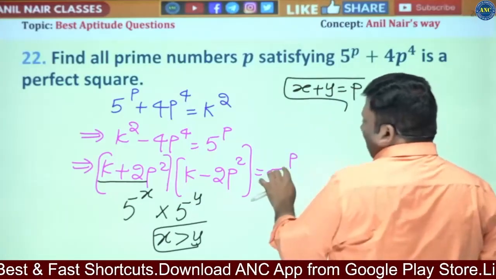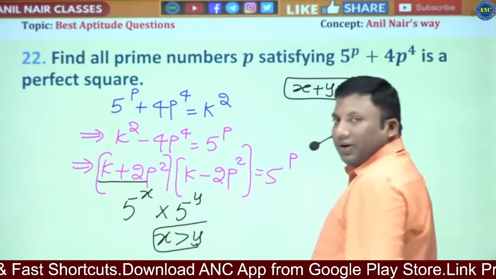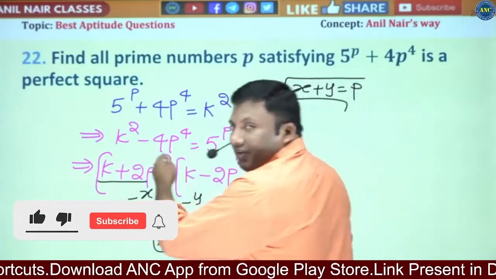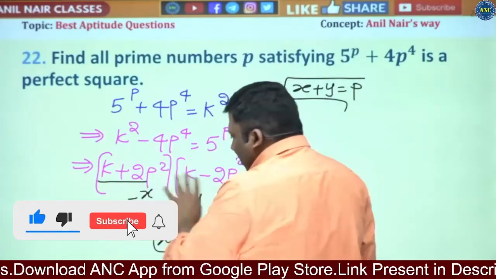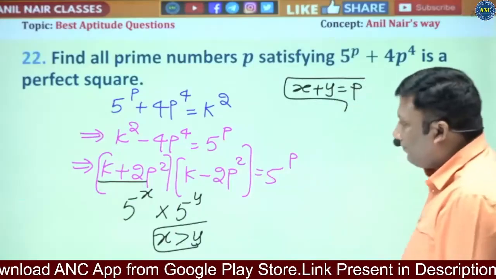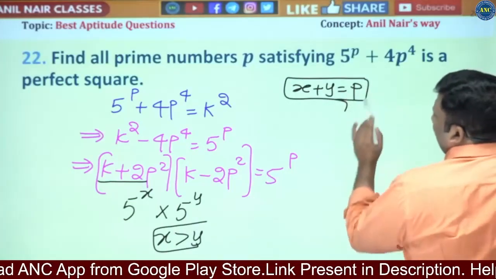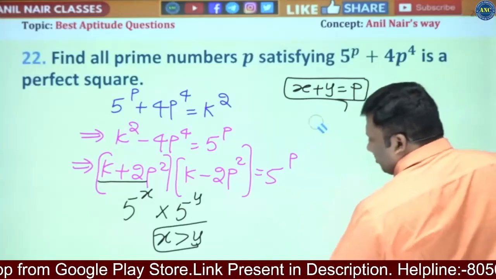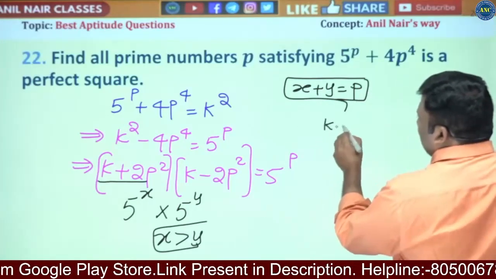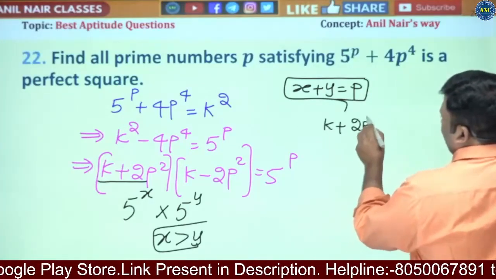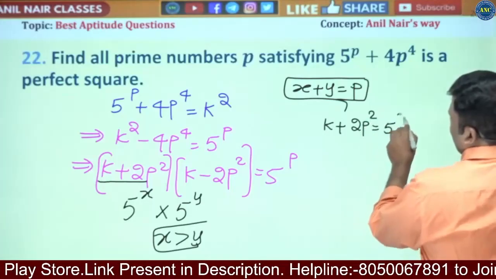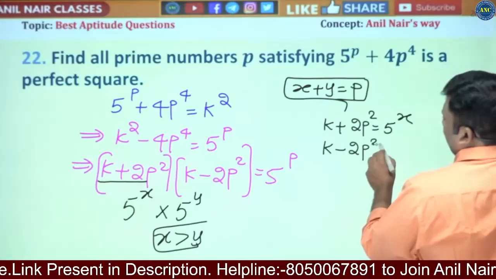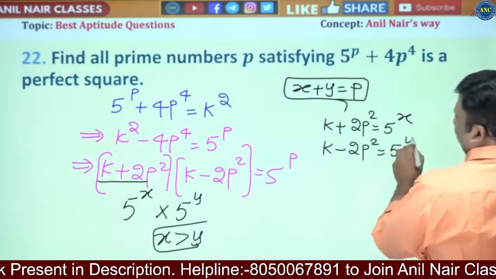If it is 5^3, 5^1, 5^2, or 5^7, 5^0, 5^7, 5^1, 5^6, any distribution. I hope it is clear. x + y is equivalent to p. So if you observe closely, k + 2p^2 is 5^x and k - 2p^2 is 5^y.